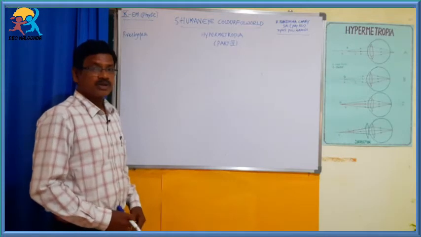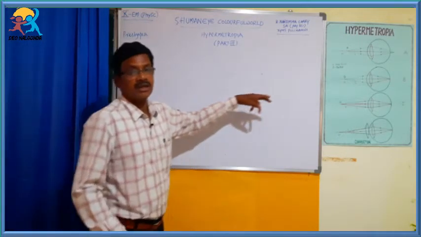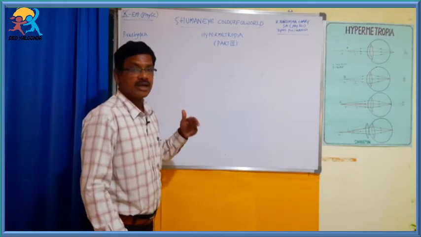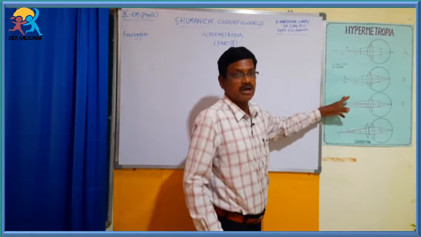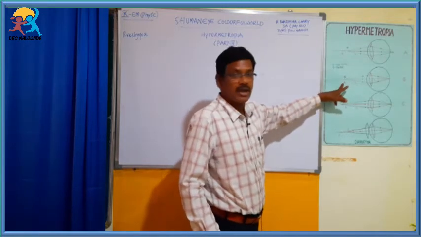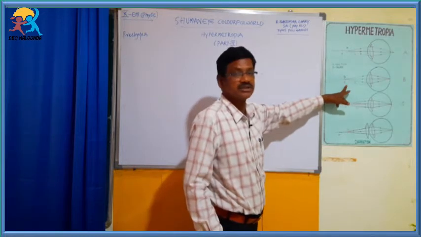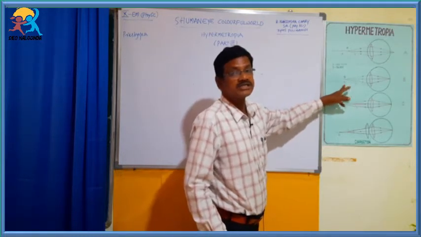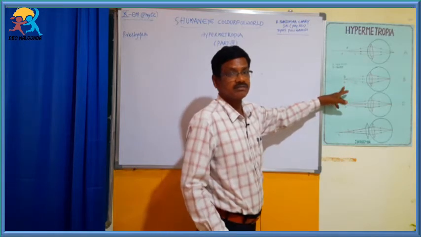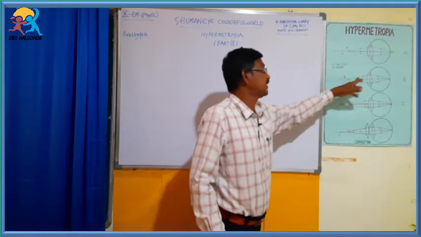Now, for example, in the diagram, if the object is kept at a point H, which is beyond the least distance of distinct vision, the person suffering from hypermetropia can see it clearly.